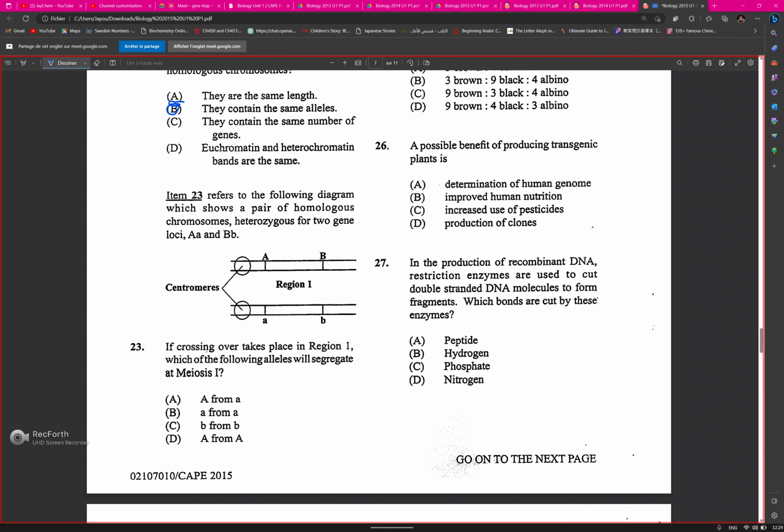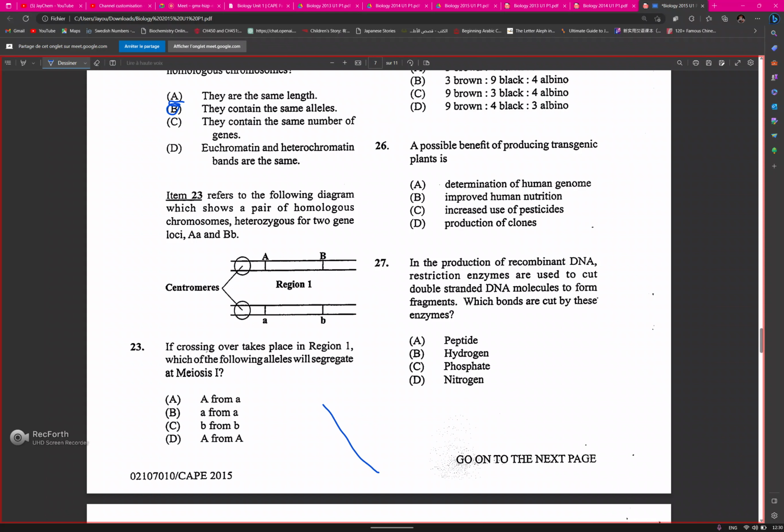Okay, we have 2 regions. So if crossing over takes place in region 1, which of the following alleles will segregate at meiosis 1? So remember, those are the centromeres, you know. Right? So those are the centromeres.